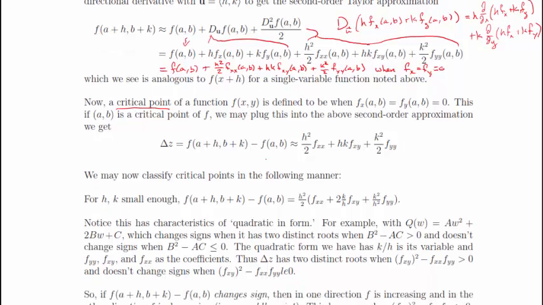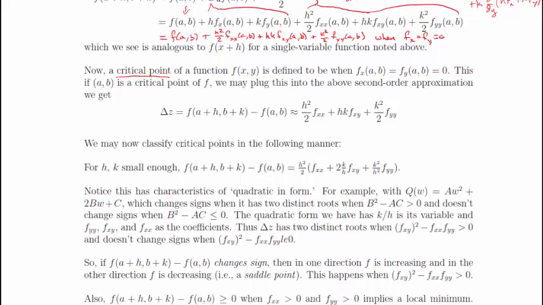And again, this is an approximation because we just used the second order Taylor approximation for this. We didn't use the entire infinite expansion, but this should give us good approximations for small enough h and k, and it should allow us to get an infinitesimal dz if we let h and k both go to 0.